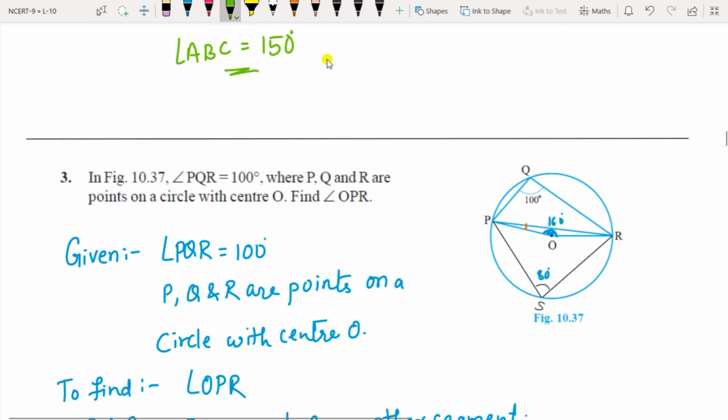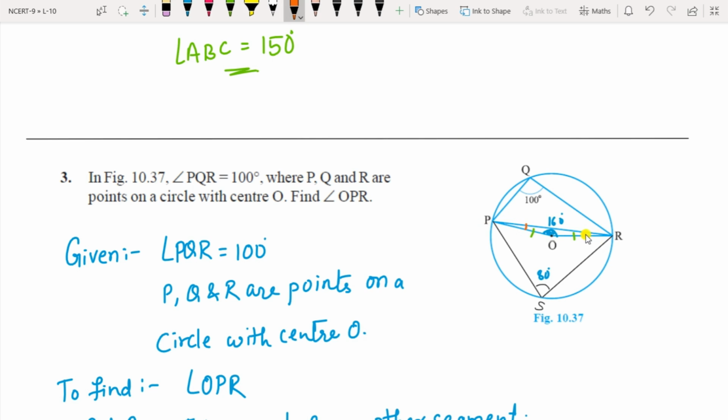Now since this PO and OR, these are the radius, so they are equal, and therefore POR becomes an isosceles triangle, and hence this angle OPR and ORP become the base angles of the isosceles triangle, and therefore they are equal, and the center one you know, that is 160. So let this be x here.